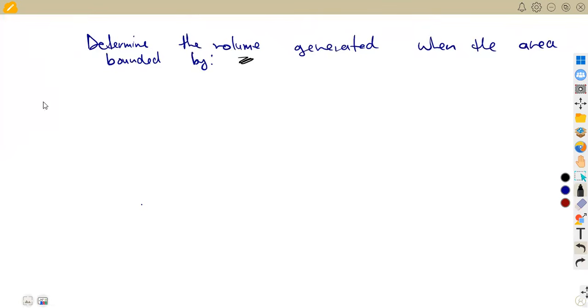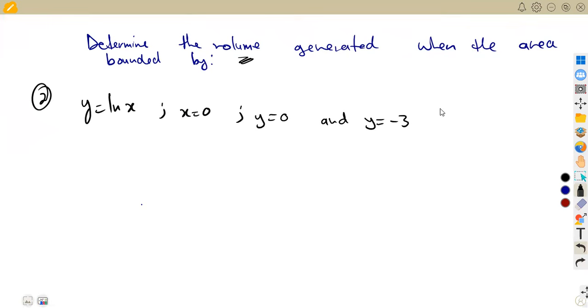So this time, let's say we've got the graph of y is equal to ln x, bounded between the line x is equal to 0, the line y is equal to 0, and the line y is equal to -3. All right, and it's being rotated about the y-axis in this case.